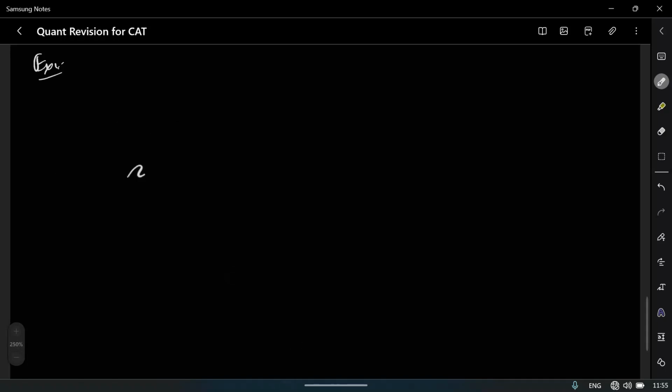Given that mod of x minus 5 plus mod of x plus 1 plus mod of x plus 4 equals 12.